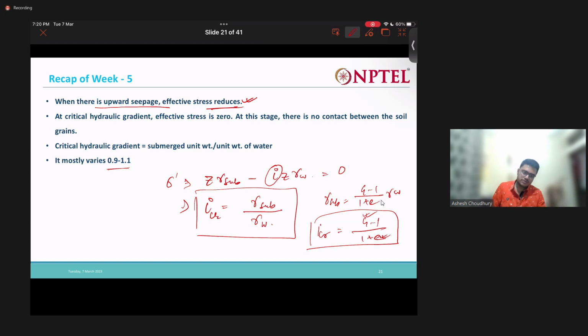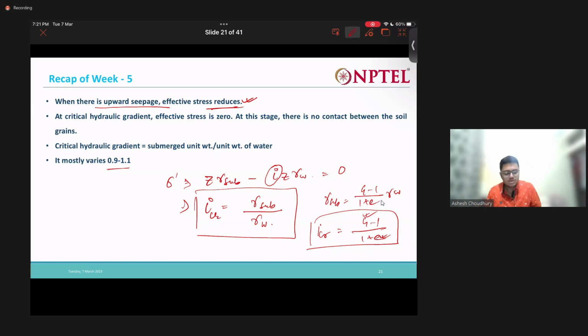We will see that if effective stress becomes zero, then the shear strength of the soil is equal to zero. That is the quick condition, because the soil has no more strength. If you step over it, you will just get sucked into the soil. That is the quicksand condition.